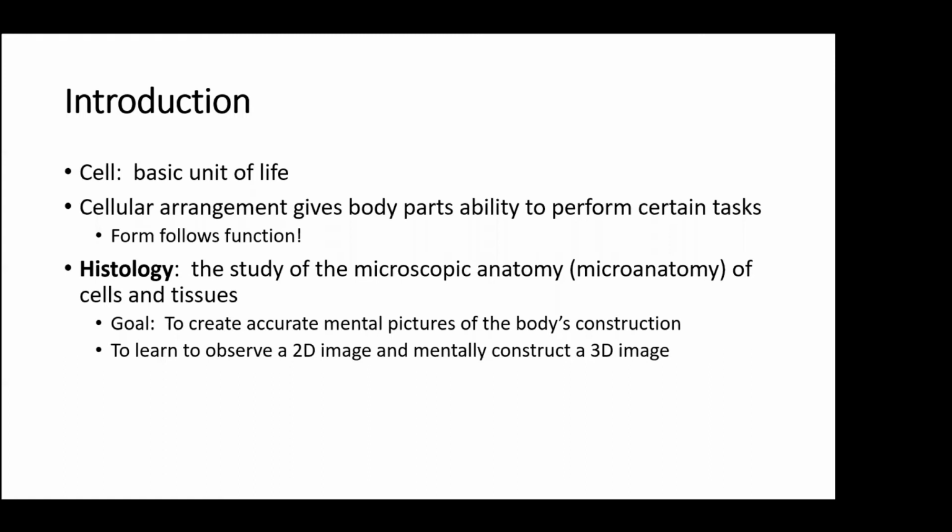The other thing we want to do is be able to translate 2D images to 3D understanding. So when we're doing histology, we'll often have a slide that's like a cut through a tissue, and we put it literally on a glass slide and pointed a microscope at it, right? So we will have some picture in 2D, but your body doesn't work in 2D.